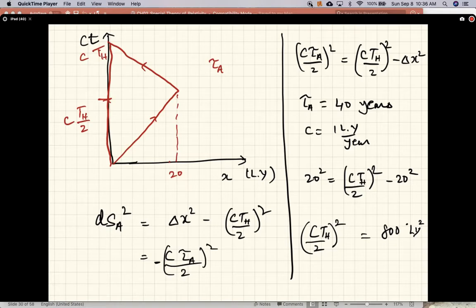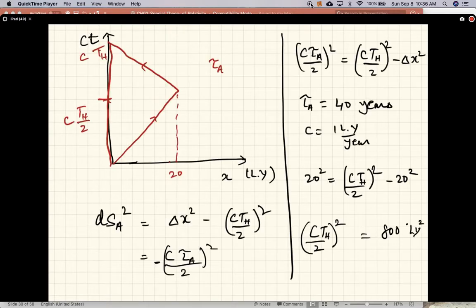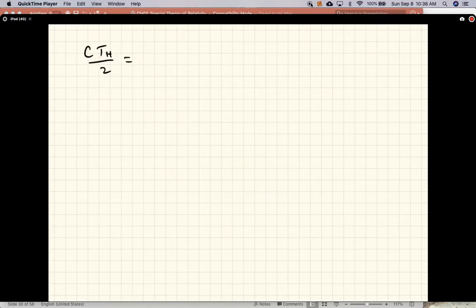All right, so c t_H by 2 is the square root of 800 light years. So t_H is 2 times the square root of 800 years, since c was 1 light year per year.